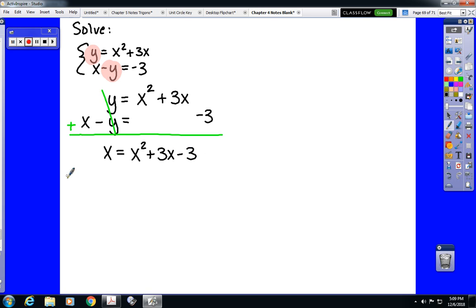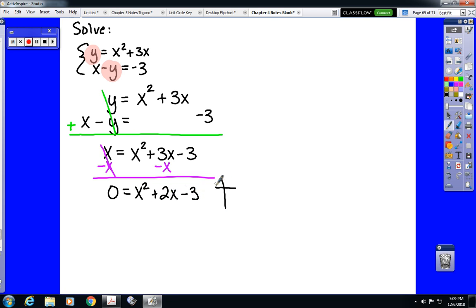Now from here, this is exactly like the other problems that we've already done. We're going to start by solving to get one side of our equation to equal 0. So we're going to subtract x from each side of the equation. That will give us 0 equals x squared plus 2x minus 3.